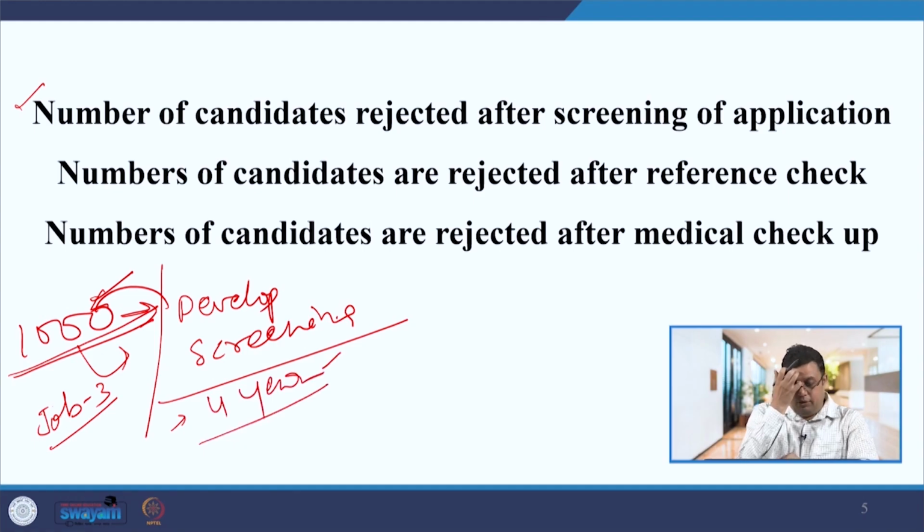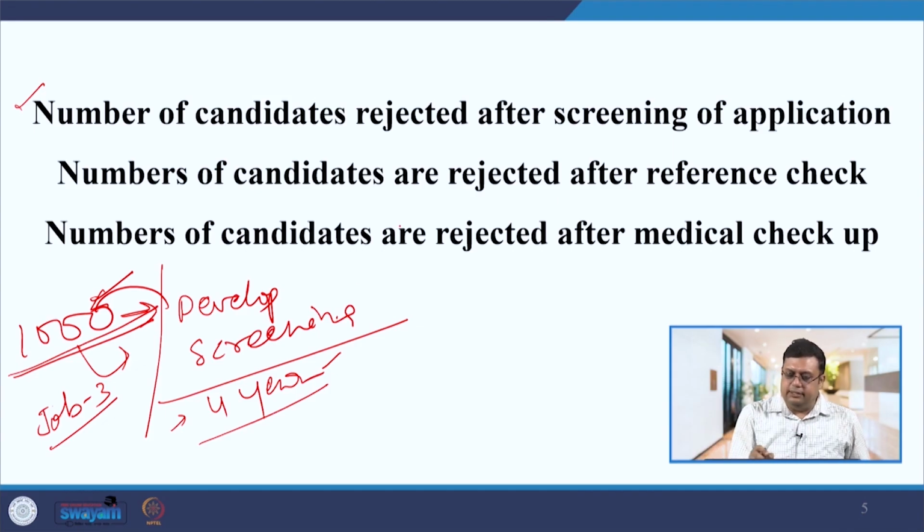That is how you can keep the screening criteria a little higher and identify the suitable number for your interview process. If you are receiving a large number of candidates for a job position and you are increasing the screening criteria, it indicates that you are already filtering and taking higher quality candidates for the interview process.